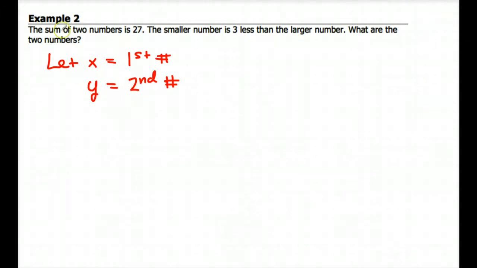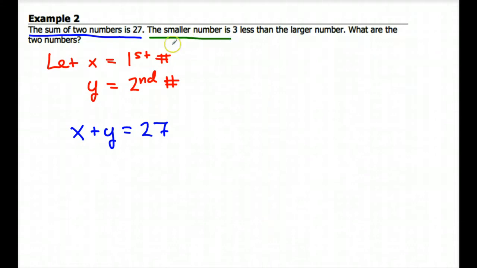My first equation comes from the first sentence: the sum of the two numbers is x plus y, so x plus y equals 27. There's my first equation. Your second equation says the smaller number, which is x, equals 3 less than the larger number.